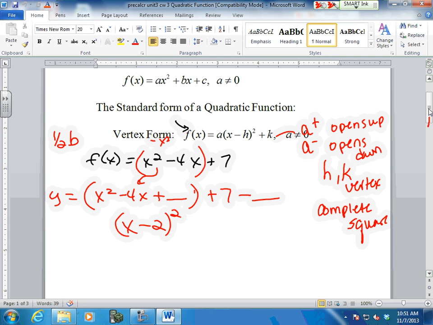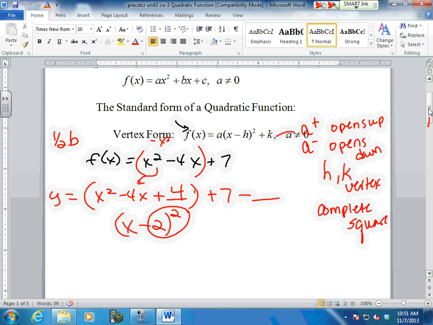Stay with me. Now we go like this. What is 2 squared? 4. Isn't this completing my square so that now I get x minus 2 as factors, which is x minus 2 squared, right? We made this become a perfect square.